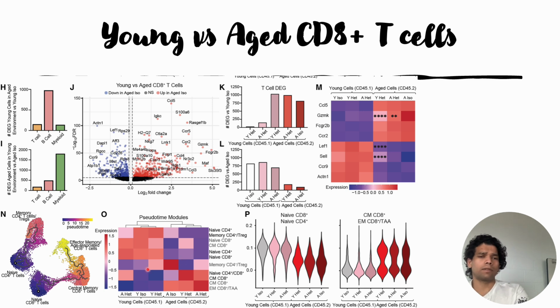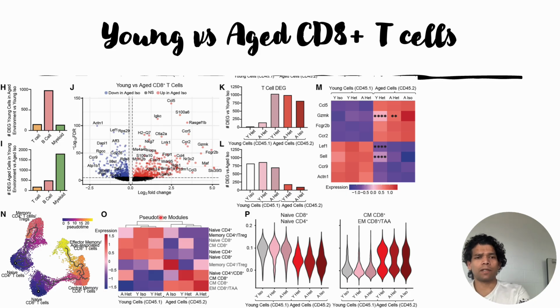Moving forward, they also checked the pseudotime trajectory, and they found that the trajectory from CD8 plus naive cells to the effector memory T cells is observed for the aged CD8 plus T cells, indicating that they are more prone to move toward effector memory T cells.